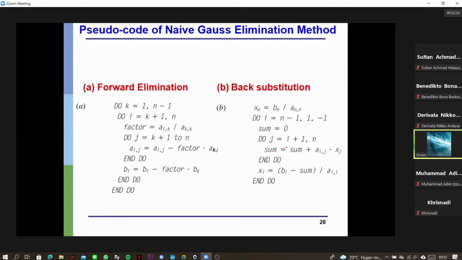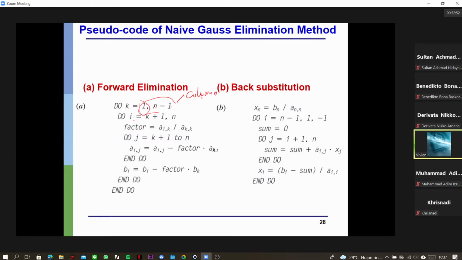Okay, so this is what the code looks like, and this is written in Fortran. We do looping from k equals 1 up to n minus 1, in which here we do looping for i, which is k plus 1 up to n. So this is looping for the column.